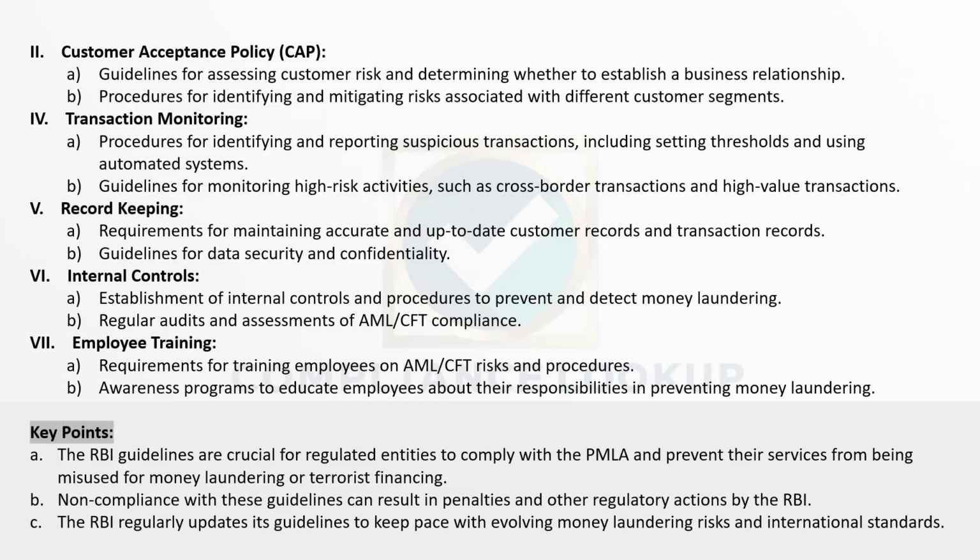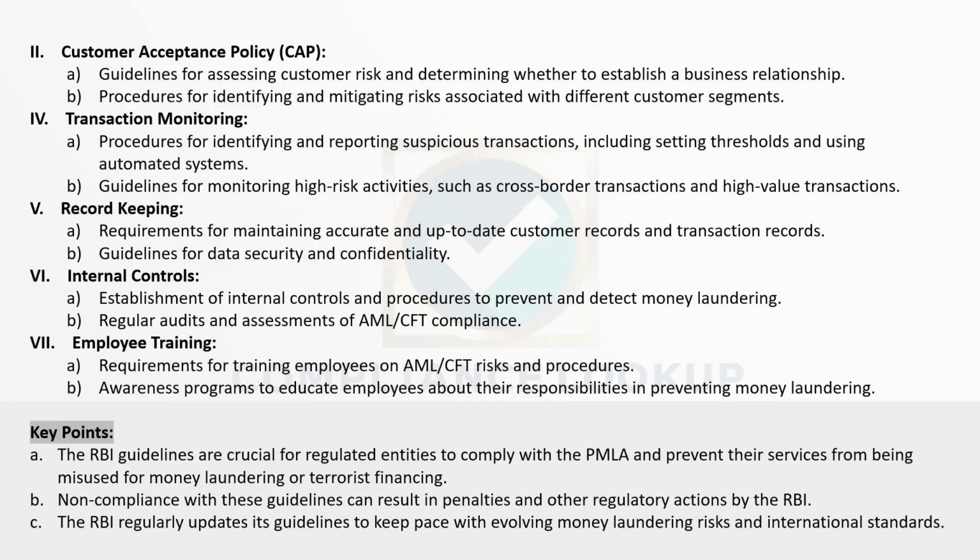C. Transaction monitoring. Banks must monitor customer transactions to detect and report suspicious activities that might indicate money laundering. How it works: first, banks set thresholds for large transactions, e.g., above rupees 10 lakh. Second, use of automated systems to monitor accounts for suspicious behavior.